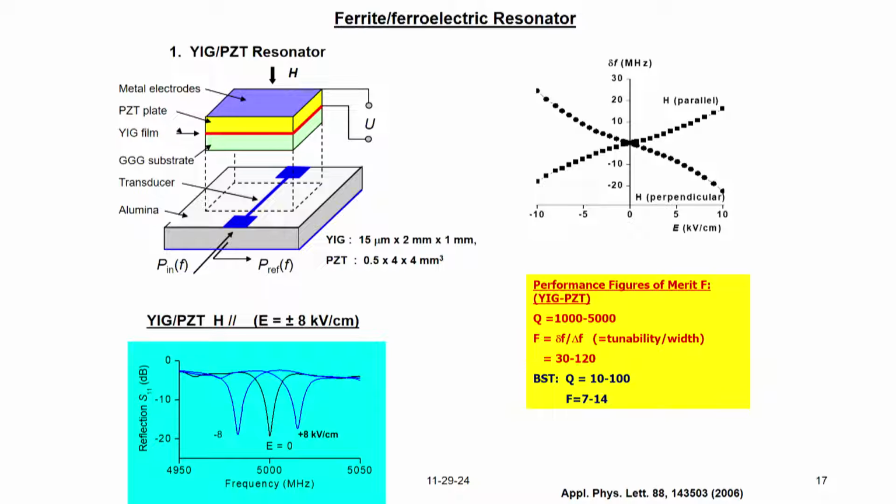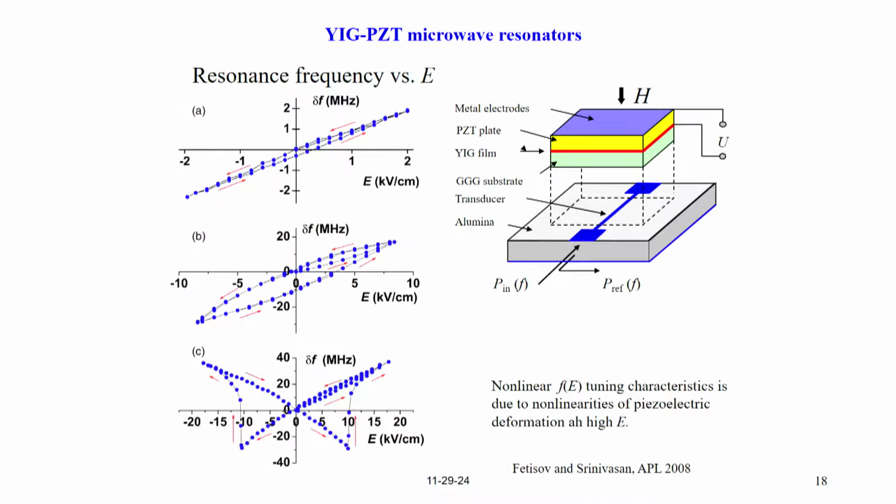And looking at it, this is not quite linear, but you can make it linear by working at a very small interval for the electric field. That is what is shown in this case. As you go to higher electric fields, it becomes non-linear, and there is also hysteresis, and it gets worse if you go to fields on the order of 20 kilovolts per centimeter.